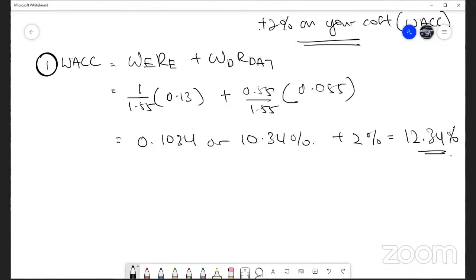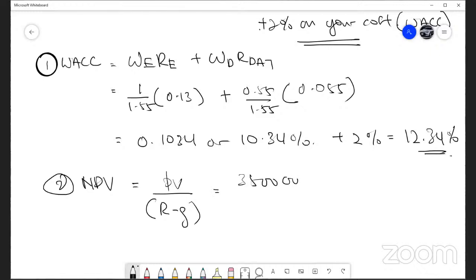So to calculate your NPV, you can use the dividend growth model, where NPV equals the present value over R minus G. The present value here is 3.5 million. The R here is this cost of capital.